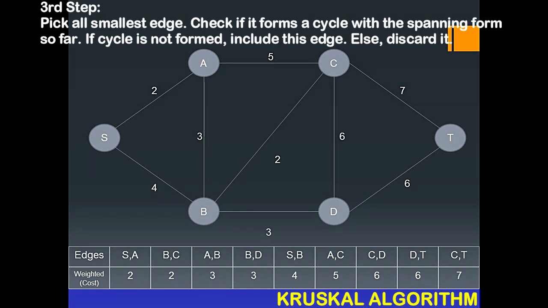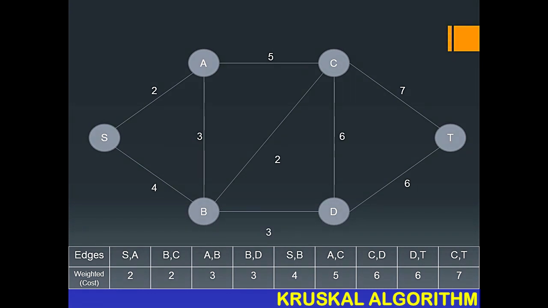In the third step, we will check all the edges in the spanning tree, and if an edge forms a cycle, we will not include it in our spanning tree, and if a cycle is not formed, we will include those edges. We have edge SA with a weight of 2. Since it is the first edge we visit, no indication of a cycle, so we include it.